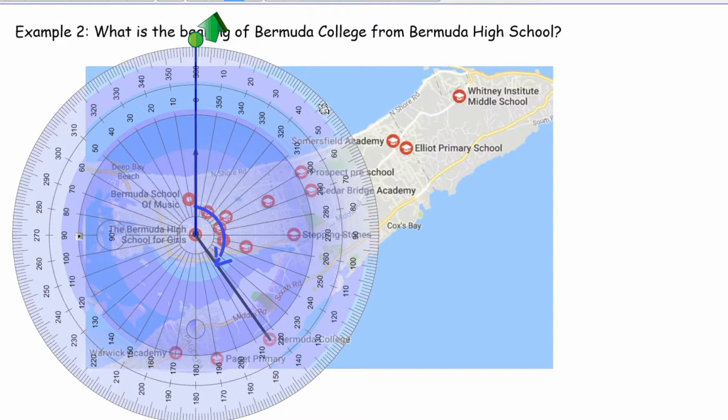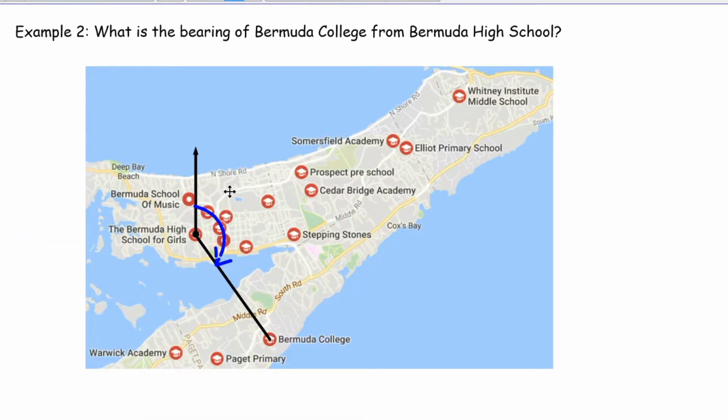So 0, 10, 20, 30, all the way to 100, and it's about 143. Okay, around 143. So anyway, we'll come back to our diagram and write that the bearing is about 143 degrees, because this angle here is 143 degrees.